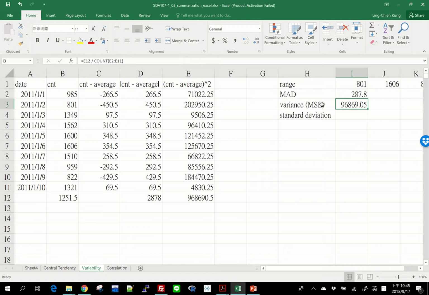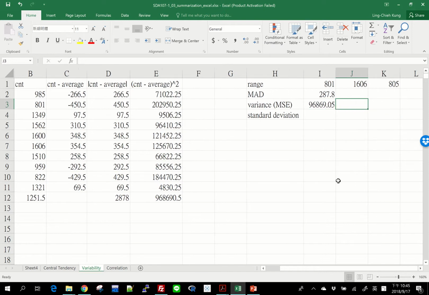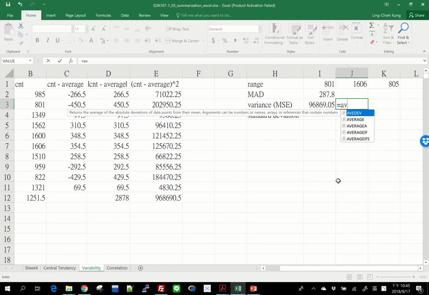And if this is the MSE or the variance, we should not need to do all the calculations by ourselves every day, because variance is so frequently used. It's good that in Excel we have functions called VAR, which stands for variance. Here we have var.p and var.s. These two are indeed different.